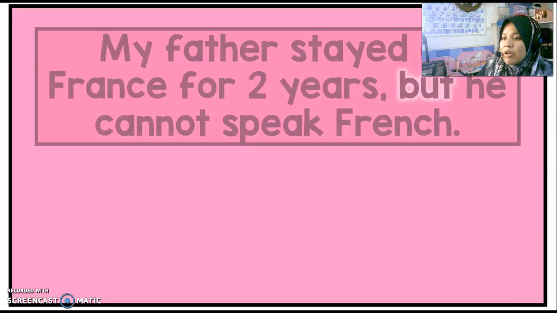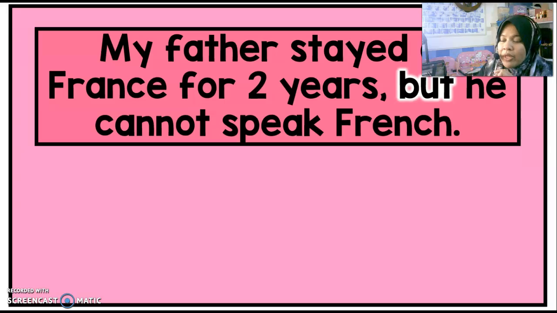Alright, so one more example. My father stayed in France for 2 years but he cannot speak French. Okay, kita faham bila we stay in another country for more than 1 year, we tend to learn how to speak the language over there. Bila kita duduk kat satu negara tu, kita akan cuba belajar bahasa negara tu.